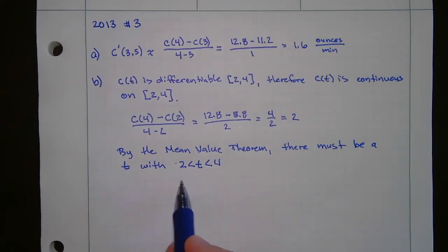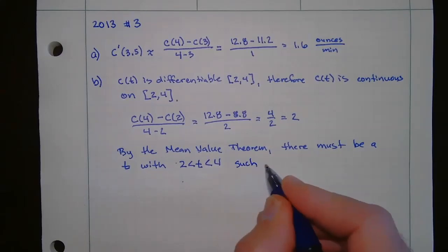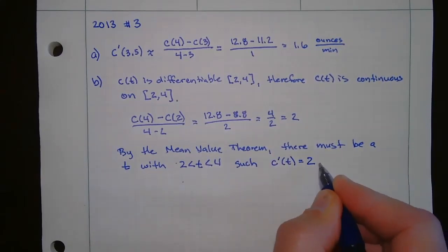So with t between 2 and 4 such that C prime of t must equal 2, okay?